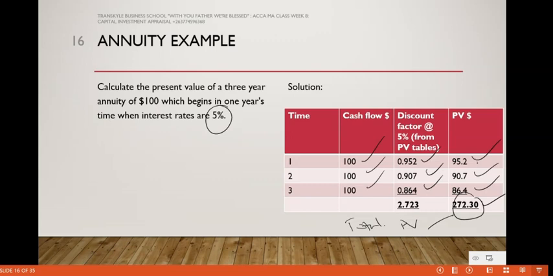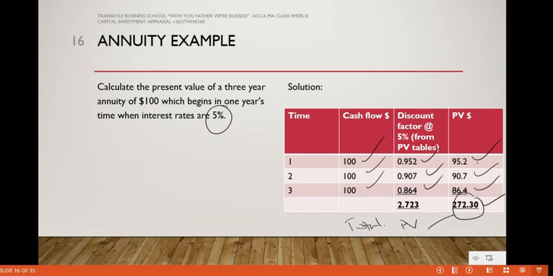So you can see that for annuities, it's laborious to multiply each year's cash flow by a discount factor, because they are annuities. The cash flows are just the same, they are a constant sum.